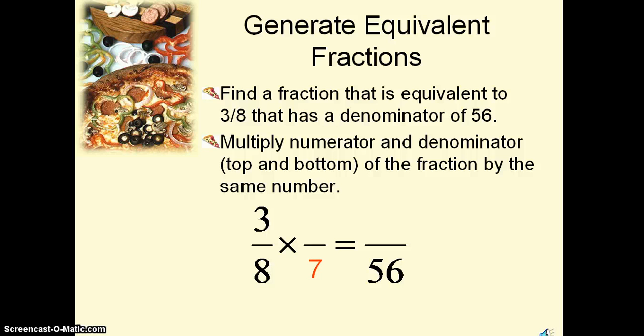Well, we know that 8 times 7 is 56. So what you do to the bottom, you must do to the top. So since we multiplied by 7 on the bottom, we're going to multiply by 7 on the top. And 3 times 7 is 21. So 3/8 is equivalent to 21 over 56.